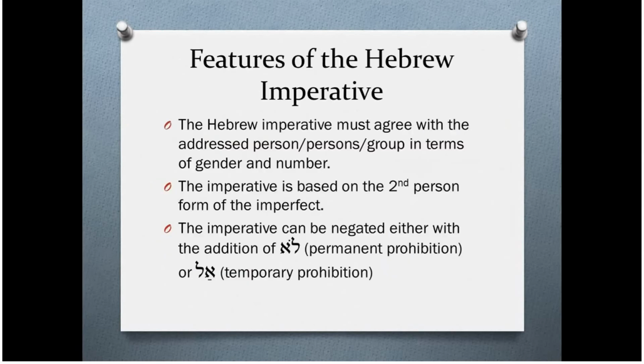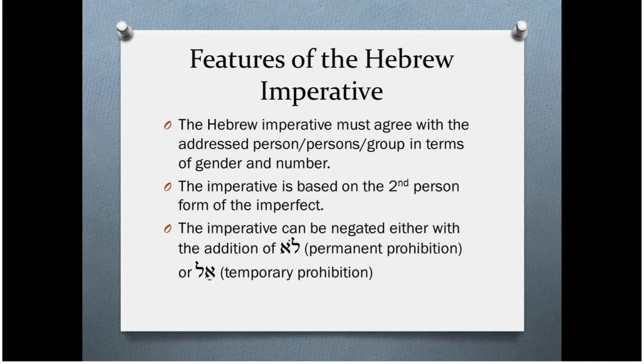So, commands and imperatives. There are three things that I want you to know about the Hebrew imperative, and I've just lifted these out of the chapter, but they make for a good entry into the imperative. First one is this: the Hebrew imperative has to agree with the addressed person, persons, or group in terms of gender and number. That is, the verb is not inflected according to who says the command, but rather who is addressed.